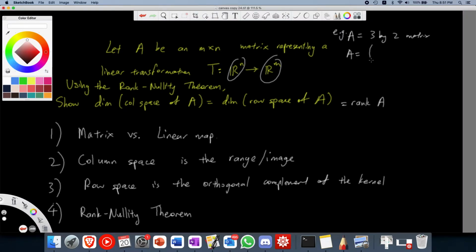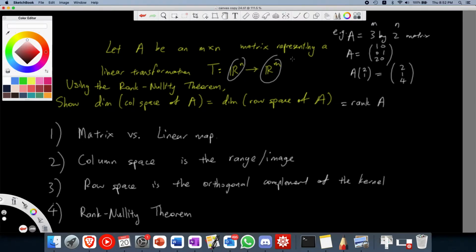If we have A equal to 1, 0, 0, 1, 2, 0, then you can see that A maps R2, so this is n and this is m. Let's say it maps (2, 1) to (2, 1, 4). So you can see that A maps a 2D vector to a 3D vector. This is what I mean by A representing a linear transformation.